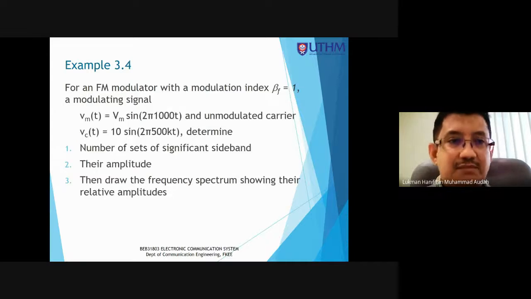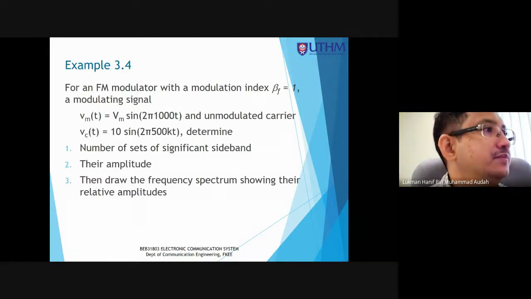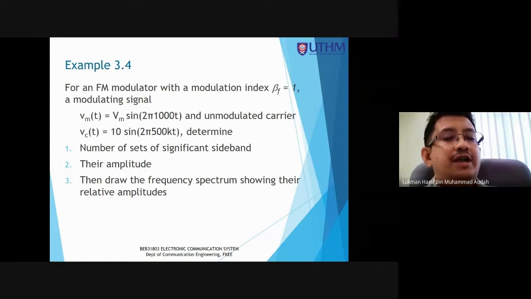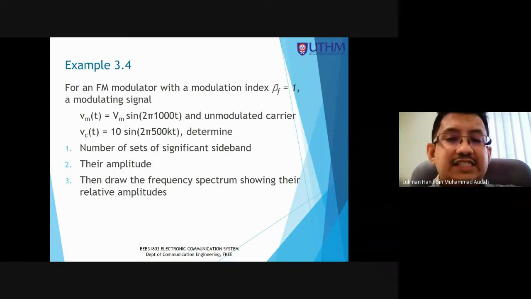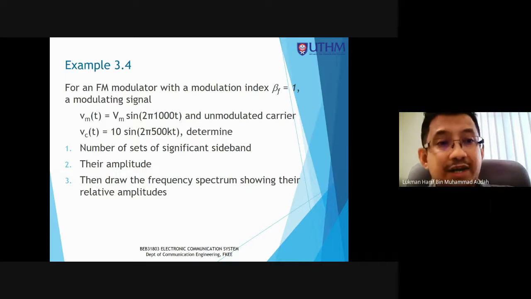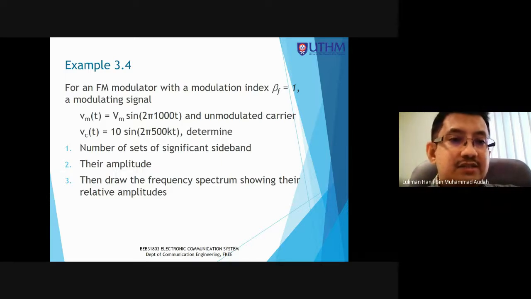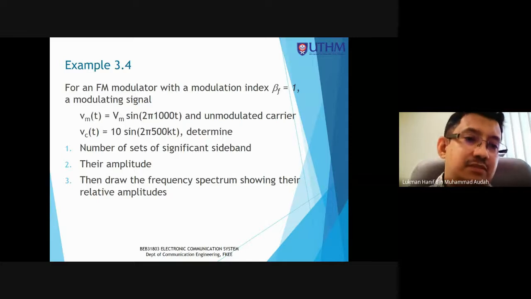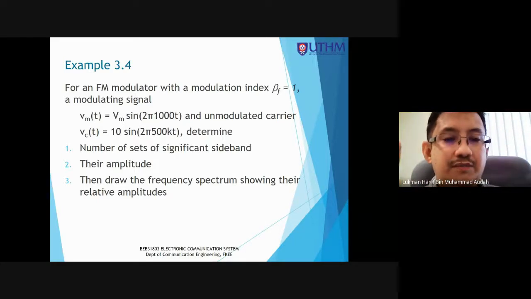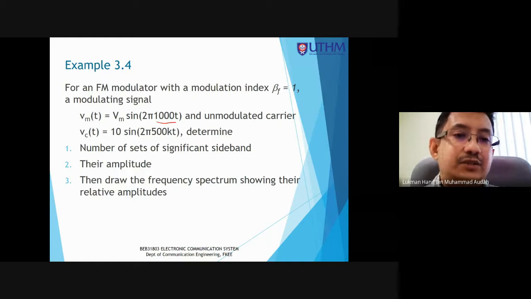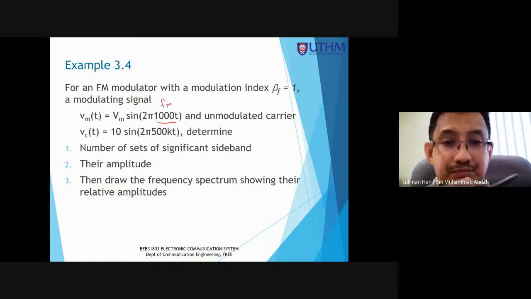Example 3.4. For an FM modulator with a modulation index beta f equal to 1 and a modulating signal Vm sine 2 pi 1000 t, so this is actually Fm.